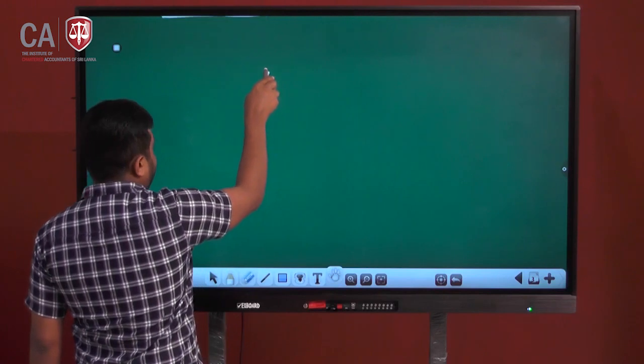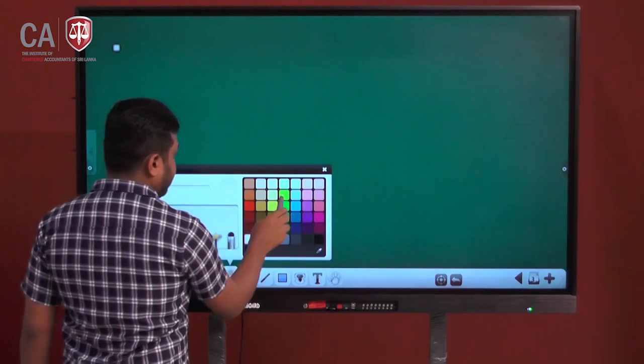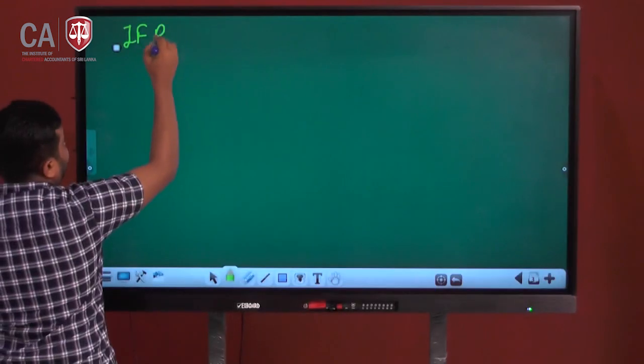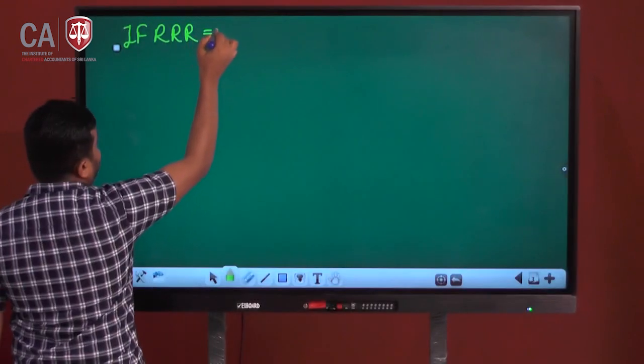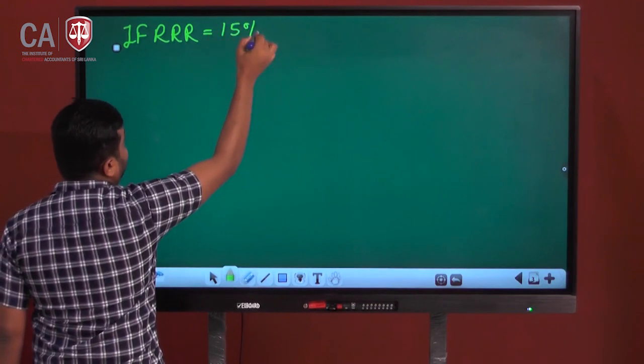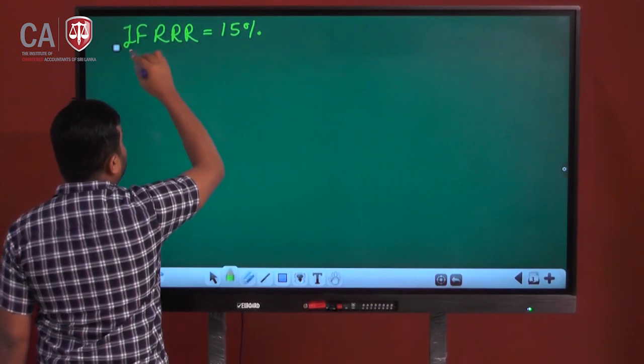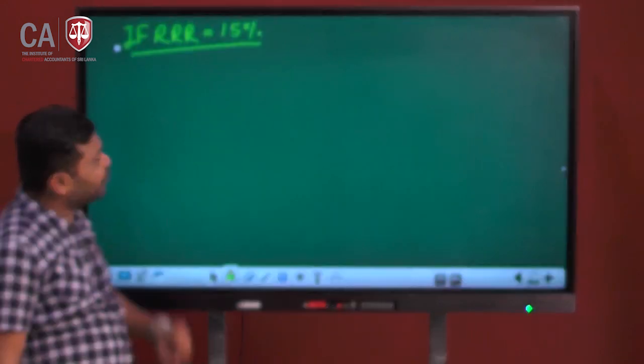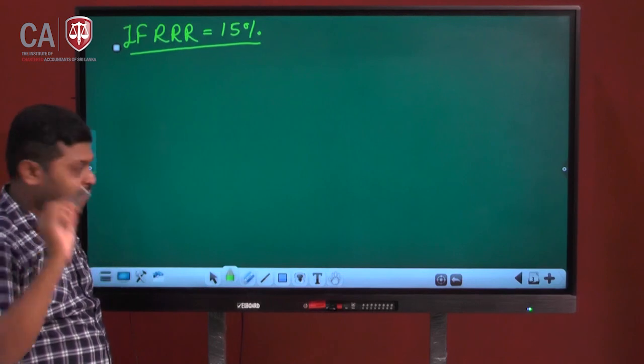I will write, we will work out if the required rate of return equals 15%. What can we do?